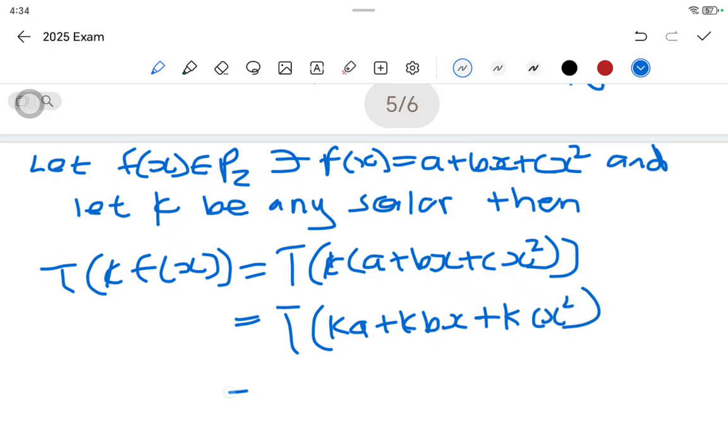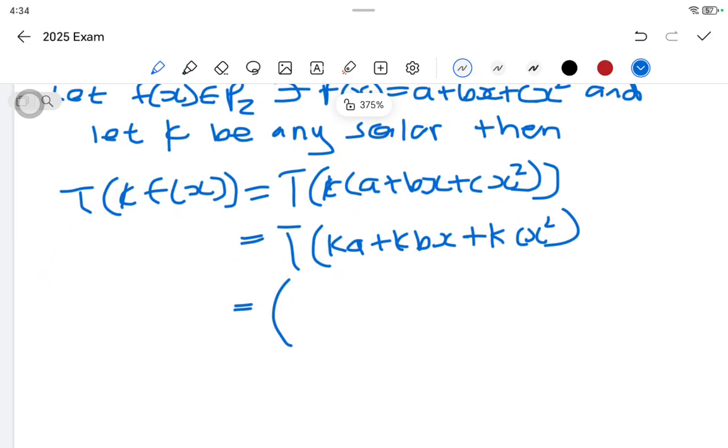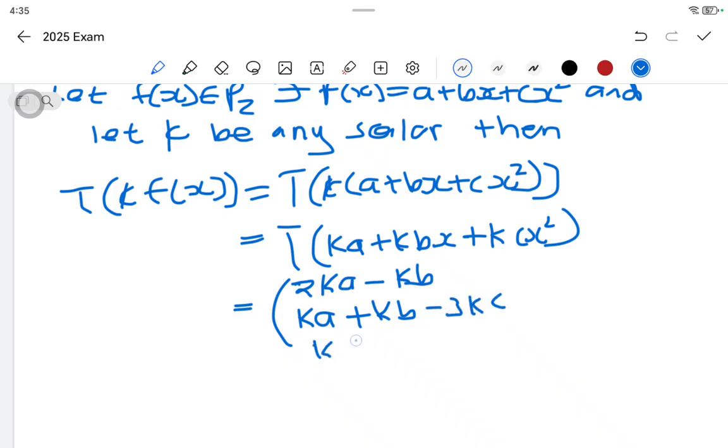And this means that, remember, first we had 2a minus b, right? So it means that this is just going to be 2ka minus kb. Then it was a plus b minus 3c: ka plus kb minus 3kc. Then here was c minus a: kc minus ka.